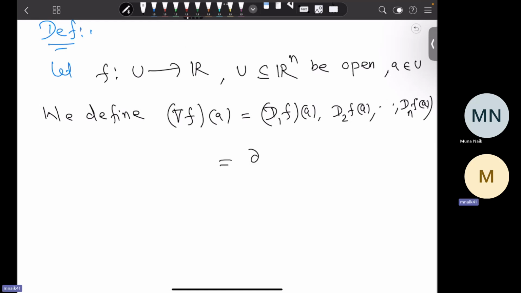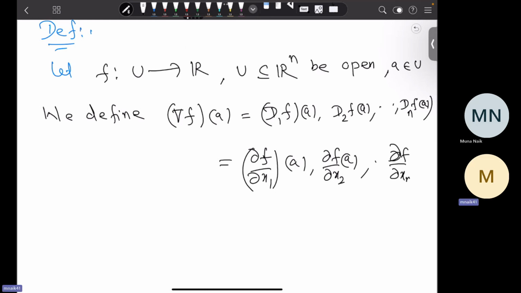This is really nothing but del f by del x1 of a, in another notation, del f by del x2 of a, and so on up to del f by del xn of a.